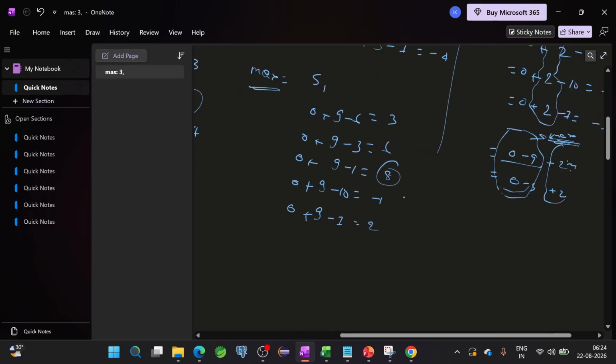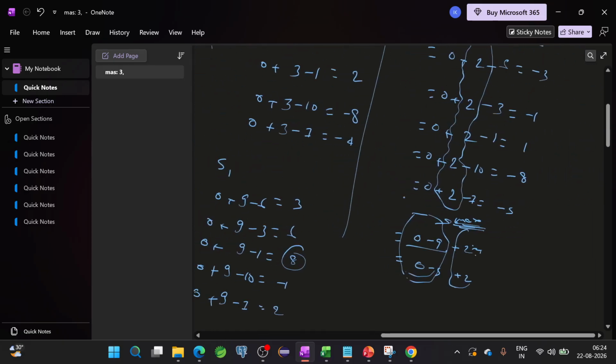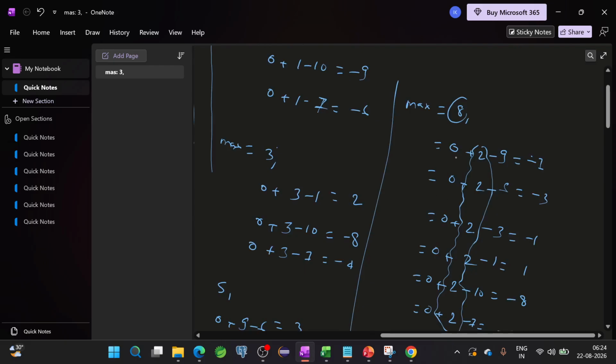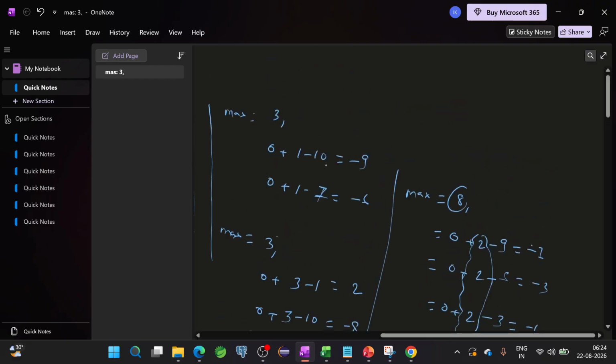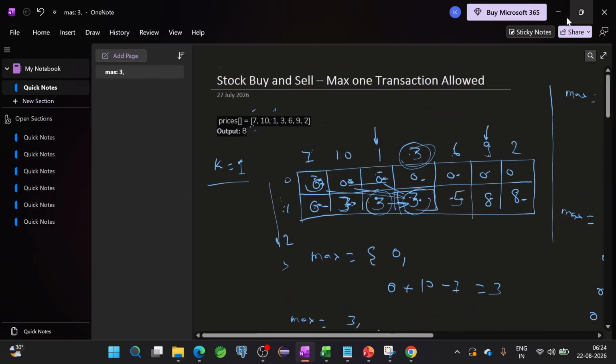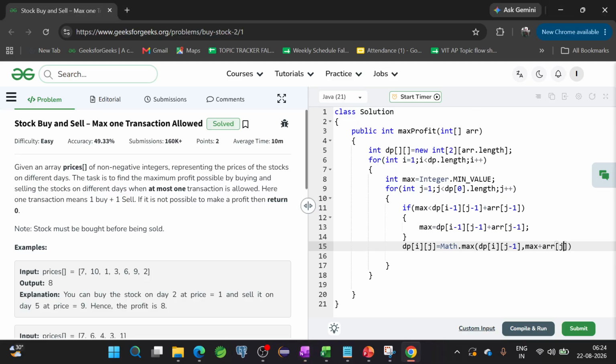Same thing here, 2 is constant, that's why we can write 0 minus 9, 0 minus 5, which one is the maximum plus 2 will give the value. That's why here I put max plus array of j, and at last we return dp of k comma array dot length minus 1. This is the answer.